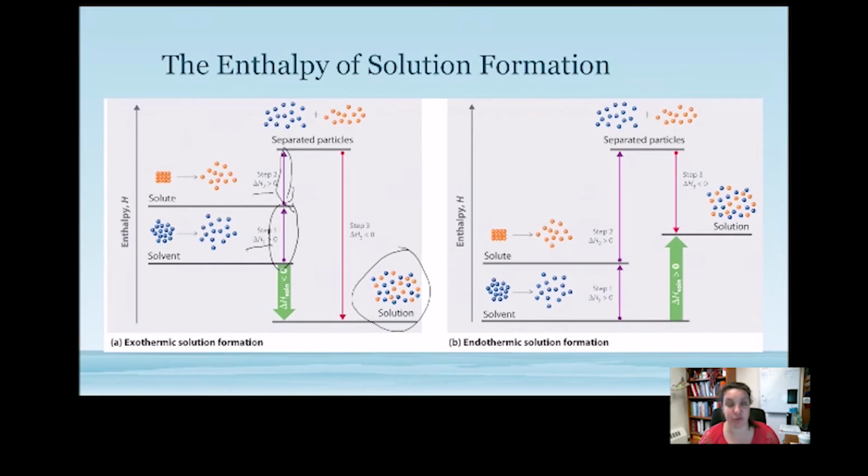We call that delta H3. If we have an exothermic process, our endothermic processes will be less than the exothermic process of making our solution. So we have a delta H that is going to be negative, so heat will be released.